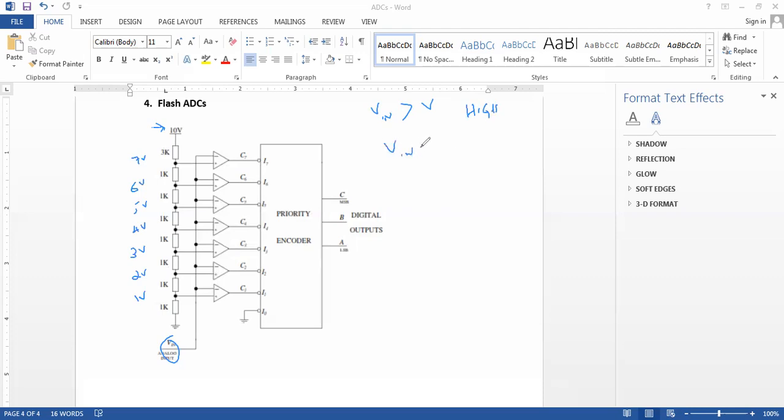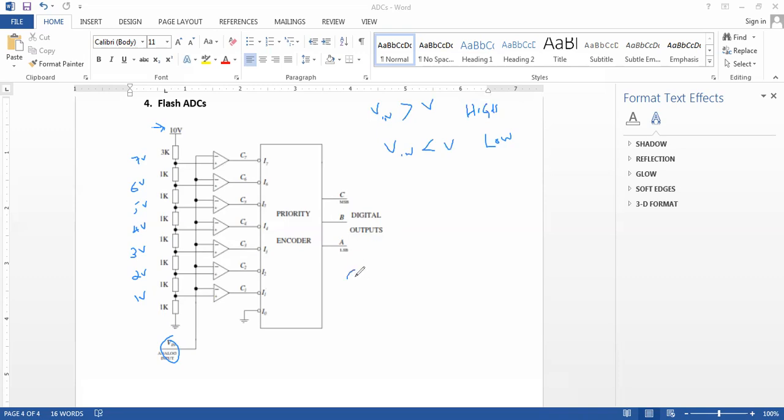But if Vin is less than the voltage you're comparing with, then the output of the comparator is going to be low. Then the outputs of the comparators become input to the priority encoder, and we can have a tabulation of the inputs of the encoder as follows.